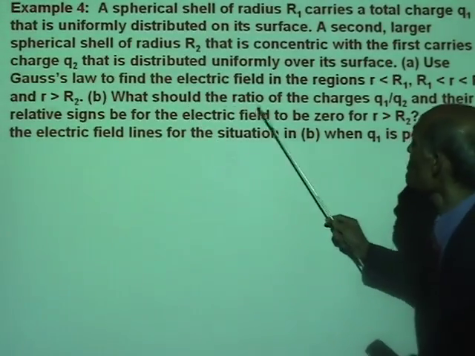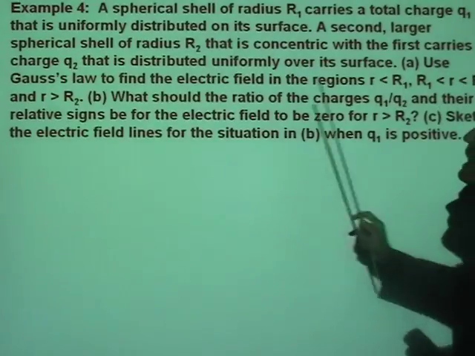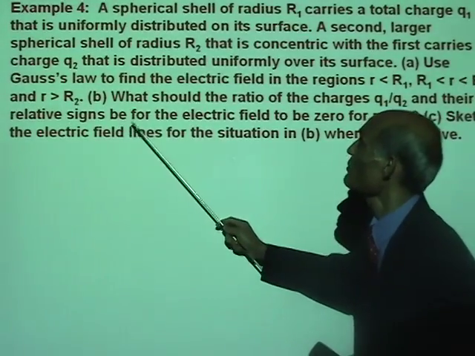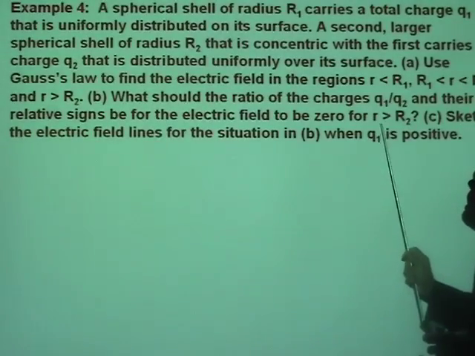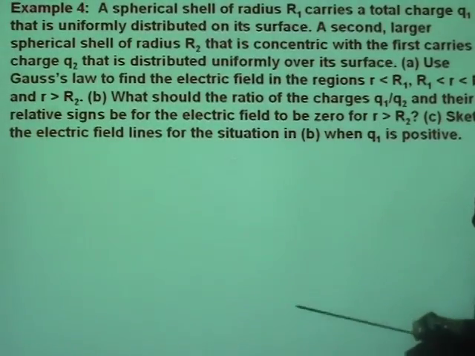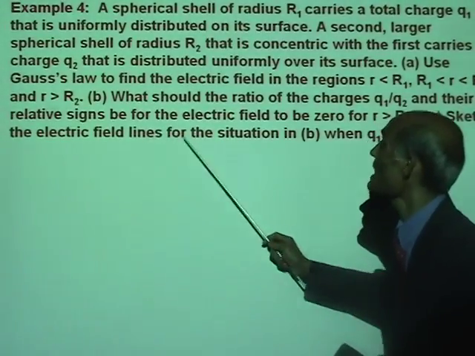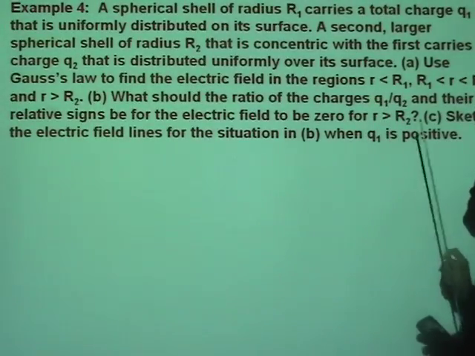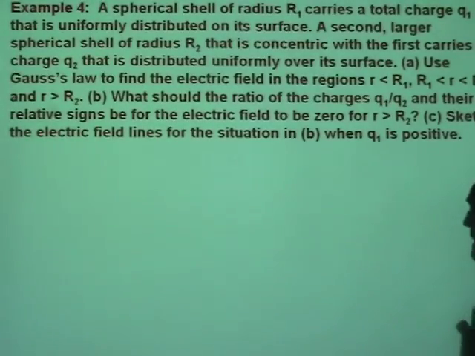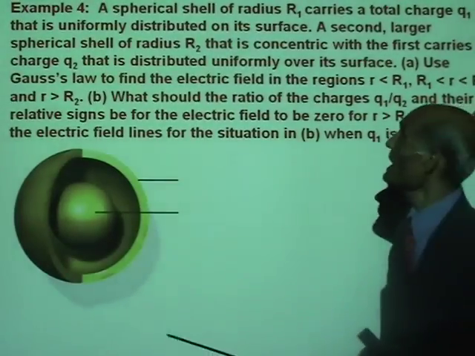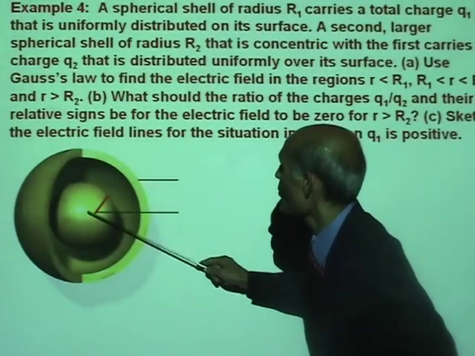Alright, what should be the ratio of the charges Q1 by Q2 and their relative signs for the electric field to be 0 for r greater than R2? Sketch the electric field lines for the situation in B when Q1 is positive. Alright, let me show you the diagram. Here we have a spherical shell of radius R1.